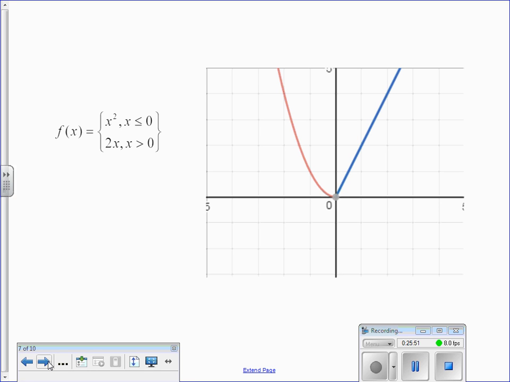There's a slope along here, there's a slope along here, but not right there at that exact point. That's why the derivative doesn't exist: the slope on one side and the slope on the other side of that point are not the same, which means if I zoom in there, the slopes won't ever line up. And they have to line up or you don't have a derivative.